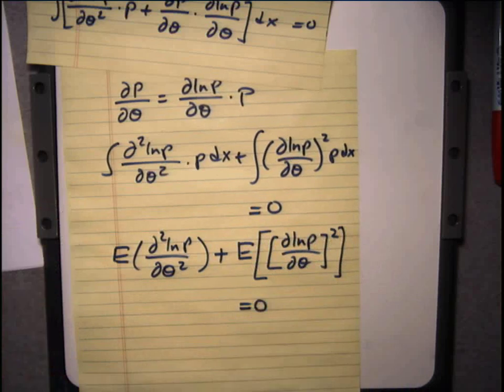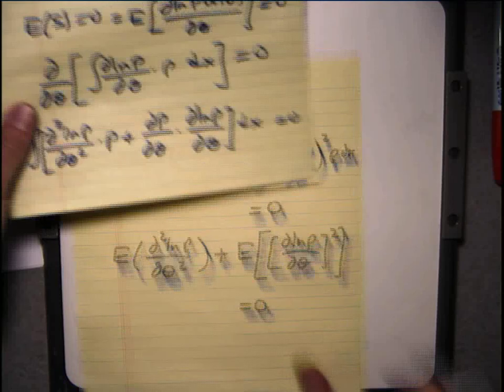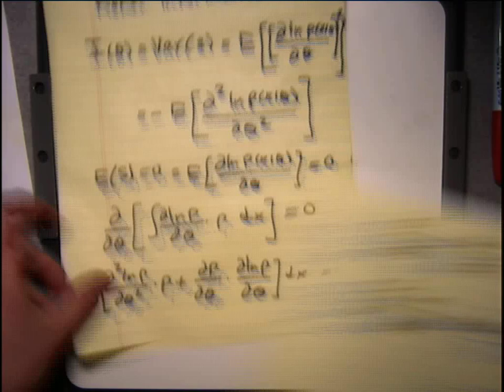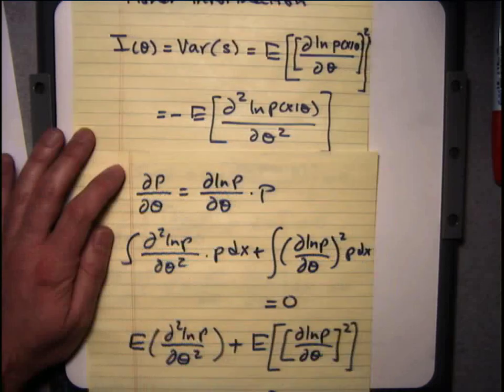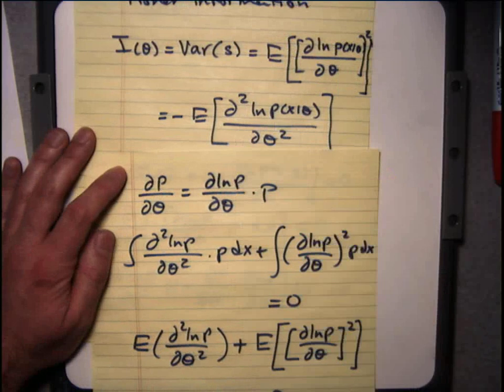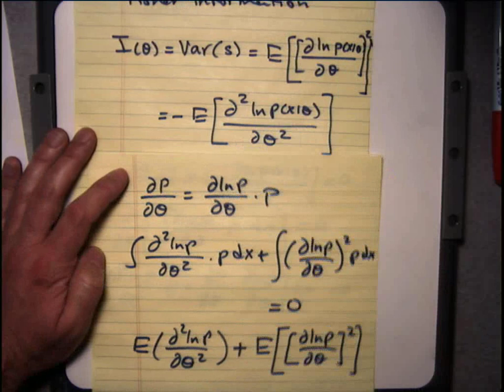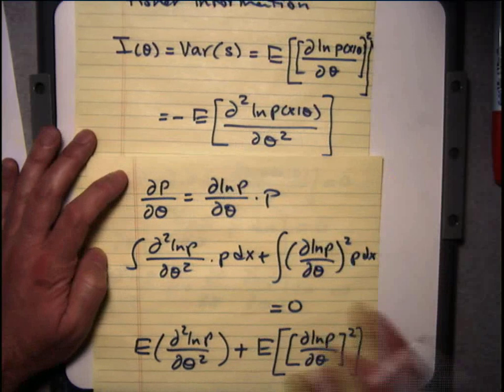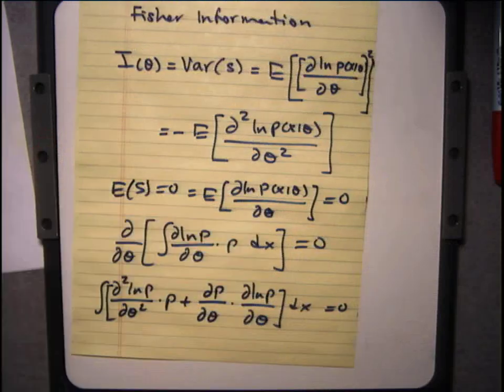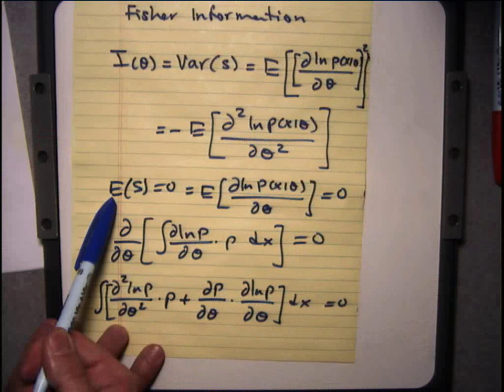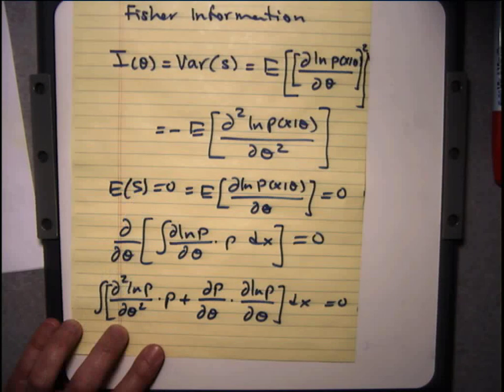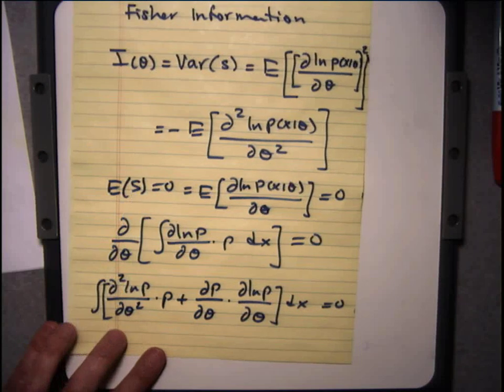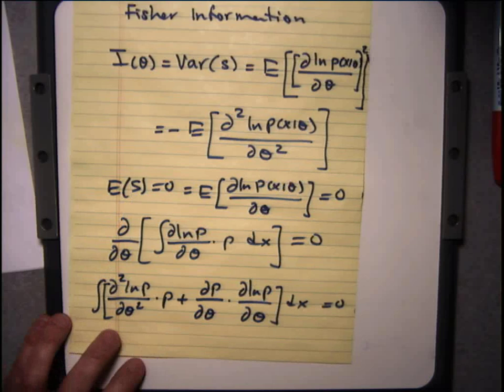And this is exactly the same as what I wrote up here, which is that these two things are equal. All of this followed from the simple idea that the expected value of the score function is equal to 0. That's really the only assumption we needed to make.